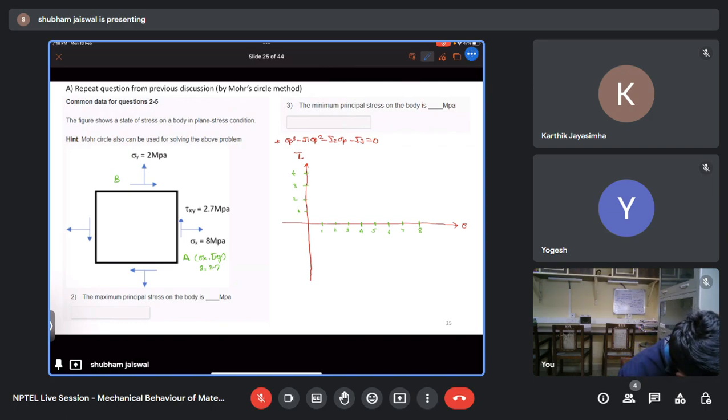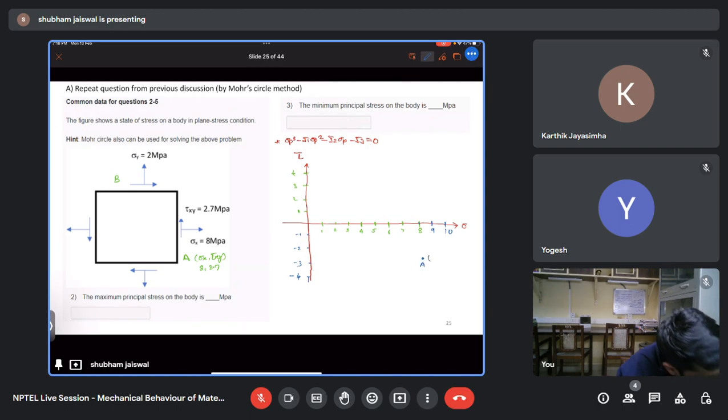So let's be 1, minus 1, minus 2, minus 3, and minus 4. Now if I take my first point, that is x is equal to 8, and shear stress is counterclockwise, so it is negative 2.7. So it is somewhere around here. That is my A point.